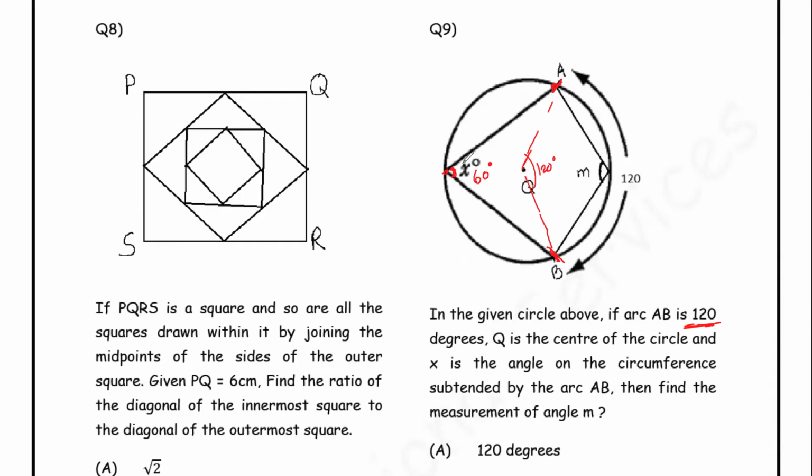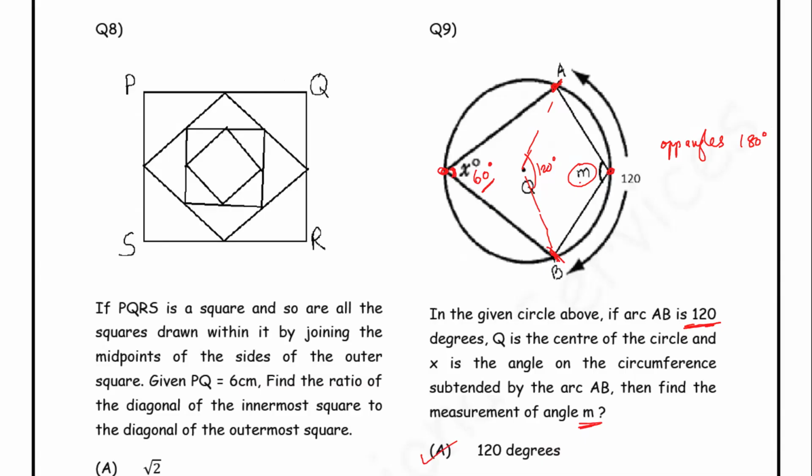So once we get x as 60 degrees, m is easy to find out because these are cyclic quadrilaterals, and in a cyclic quadrilateral, the opposite angles add up to 180 degrees. Opposite angles are supplementary. So if this is 60 degrees, m is 120 degrees. Angle m is 120 degrees.